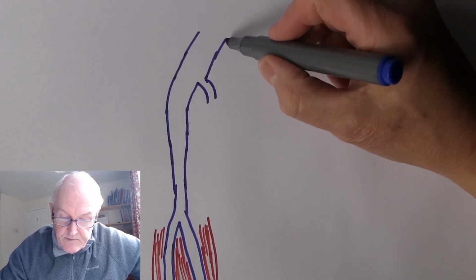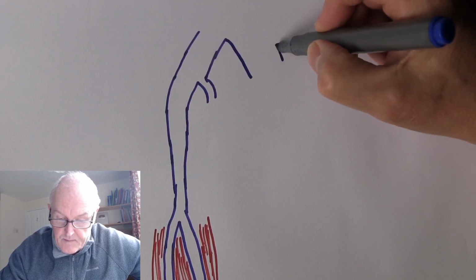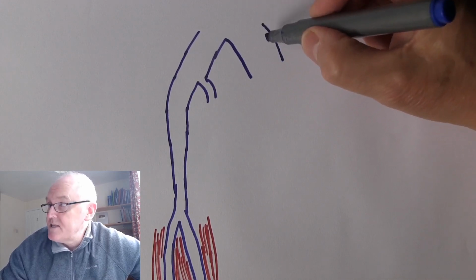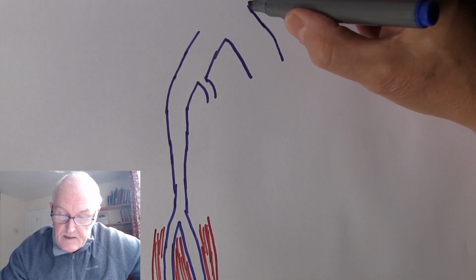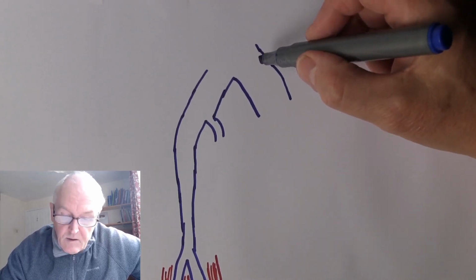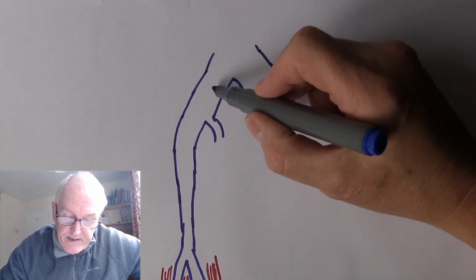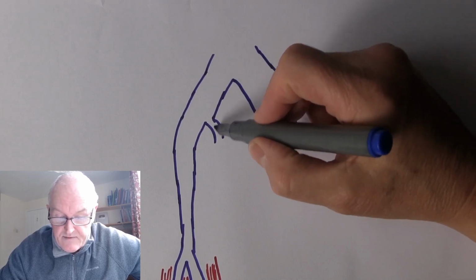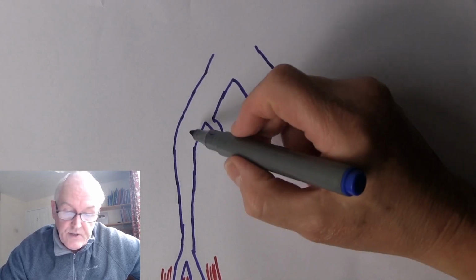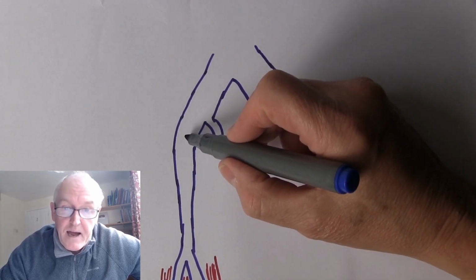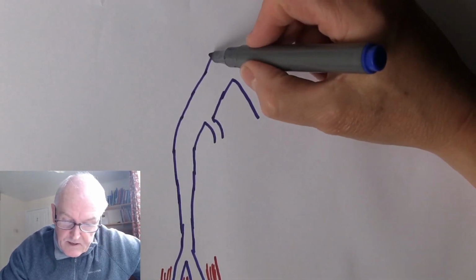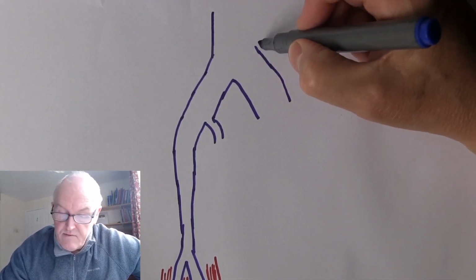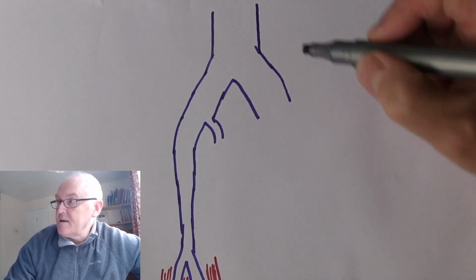And of course, there's one from the other leg as well, where the anatomical arrangement is essentially the same. And then the common iliac veins, after the internal iliac vein has joined the external iliac vein there, this becomes the inferior vena cava, again getting much wider.